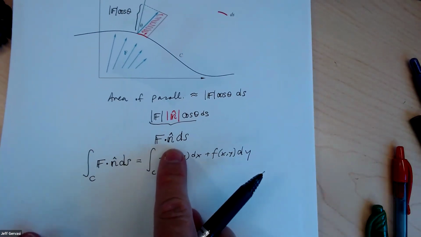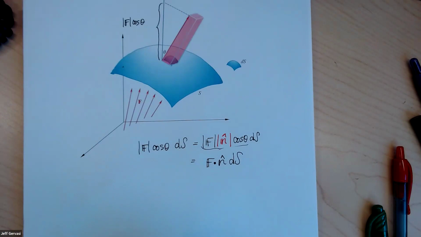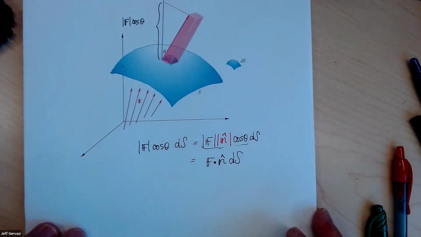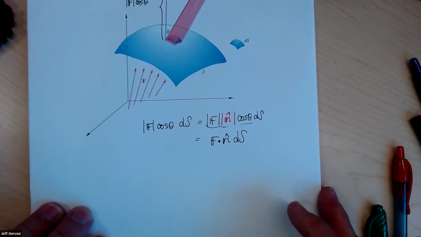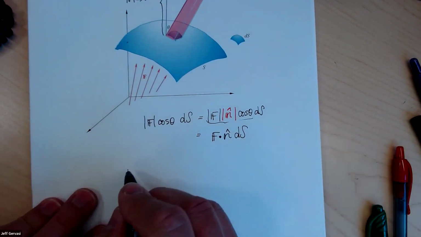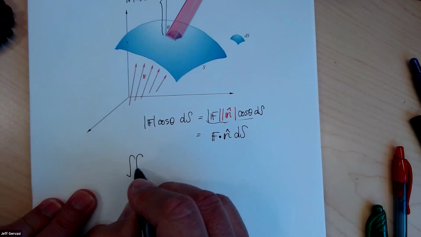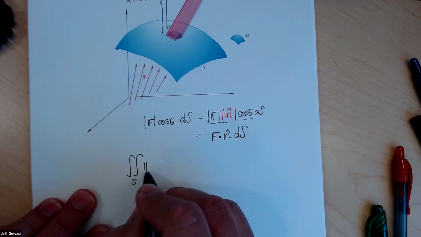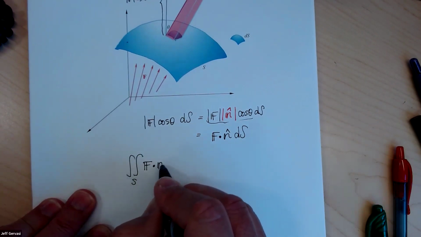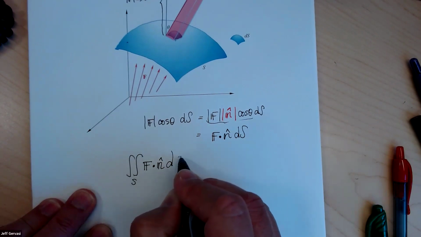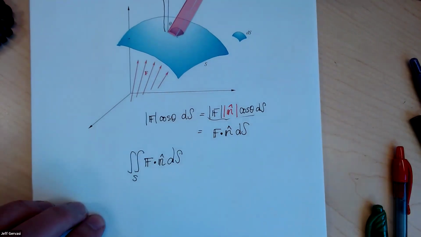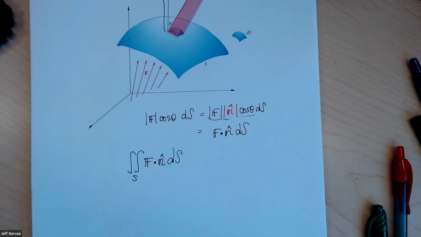Now, of course, we imagine that surface made up of an infinite amount of those tiny little patches. So what's the total or net amount of fluid that crosses the surface? Well, that's going to equal this. We call that the flux integral of the vector field F.